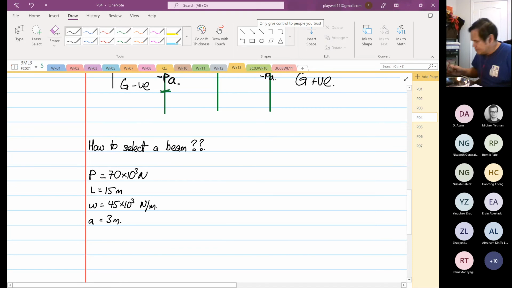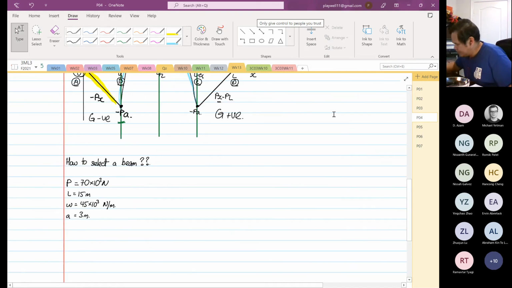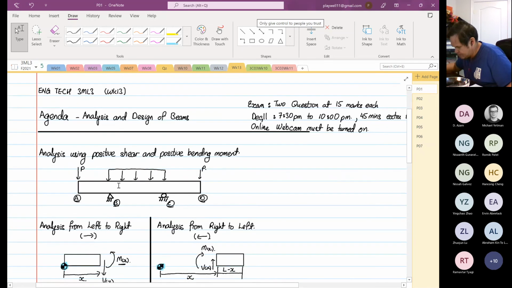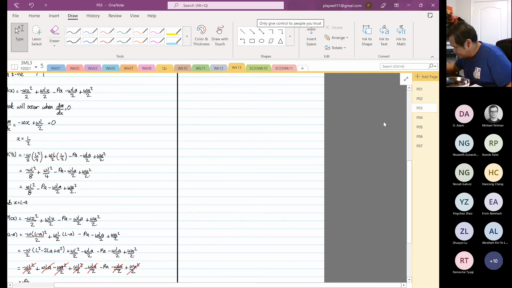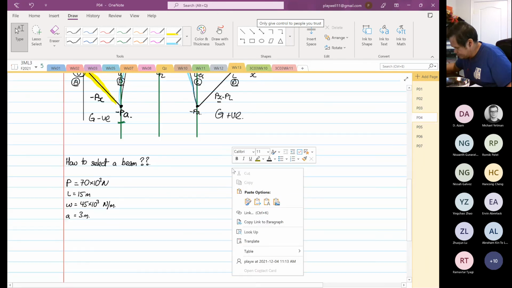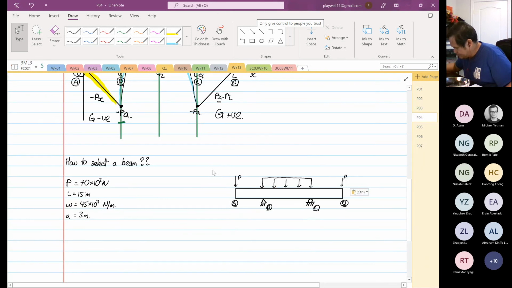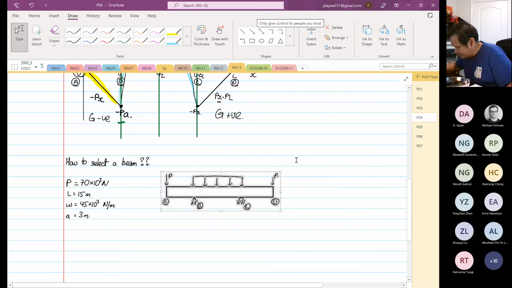So let me copy the example again, this diagram. Now we have put in numbers.